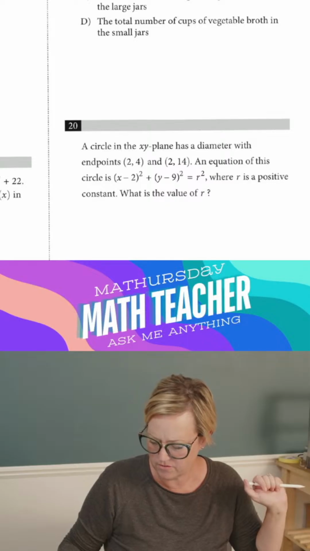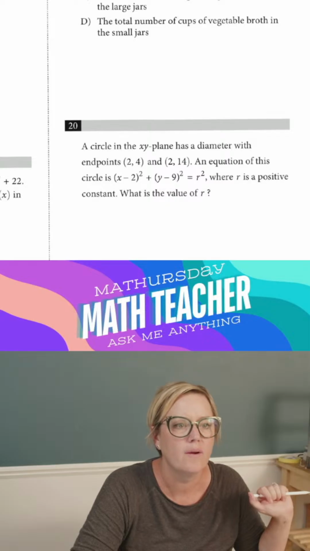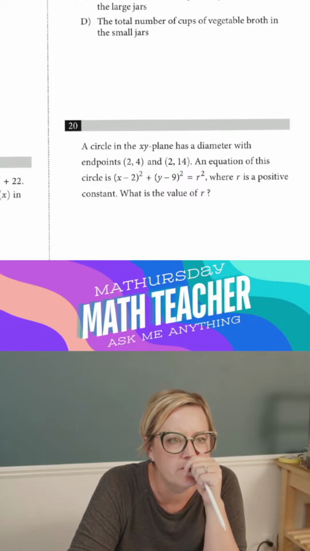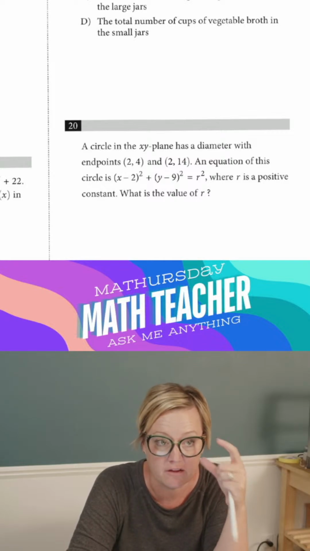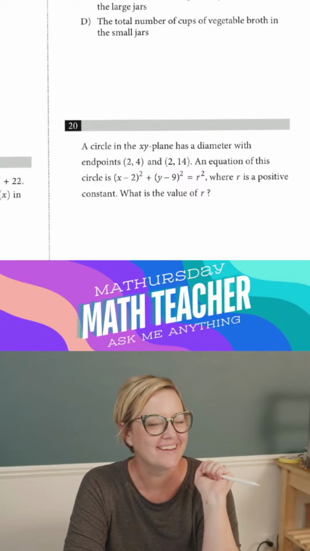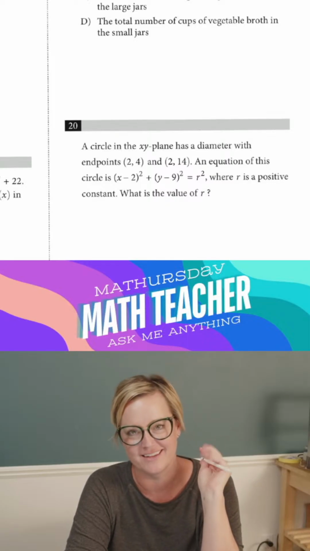Oh, I see. So yeah, Rain, you're saying that group theory is algebra. True, it is. It is a branch of algebra, but it's a little more advanced. It's from abstract algebra. It's not going to be on the SAT.